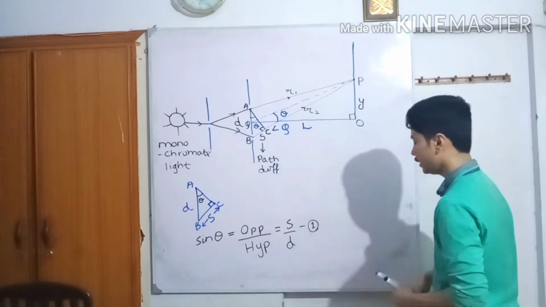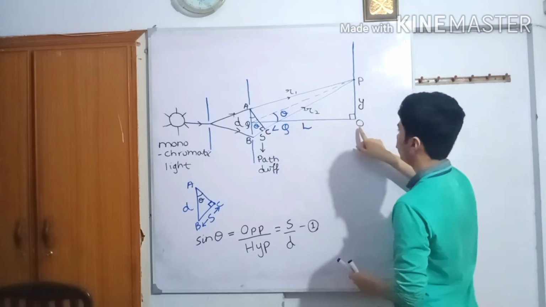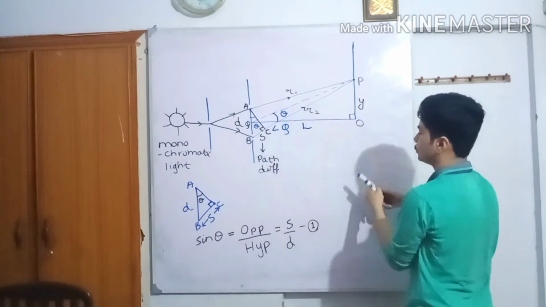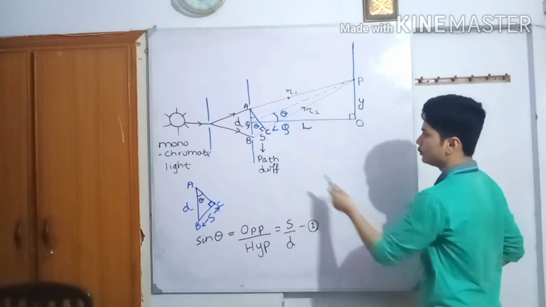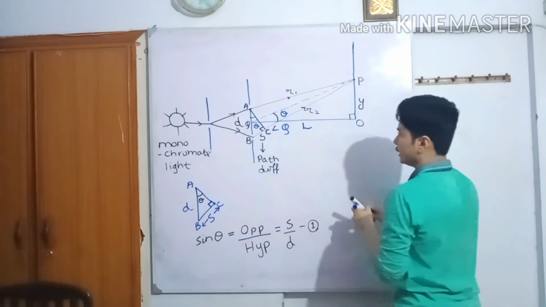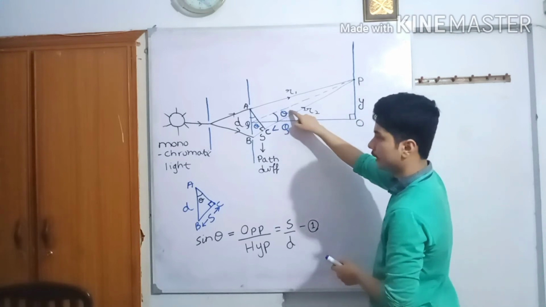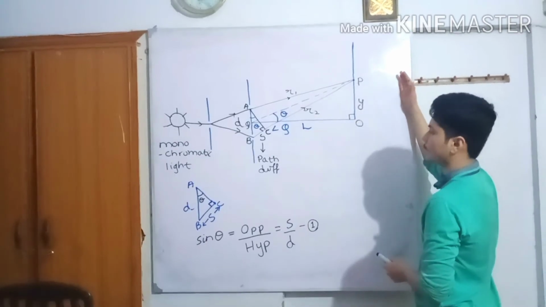Alright, now another equation. This is triangle QOP, and we're going to develop an equation using this triangle. In this triangle, as you can see, angle Q is theta. This is the opposite side because it is opposite to theta.